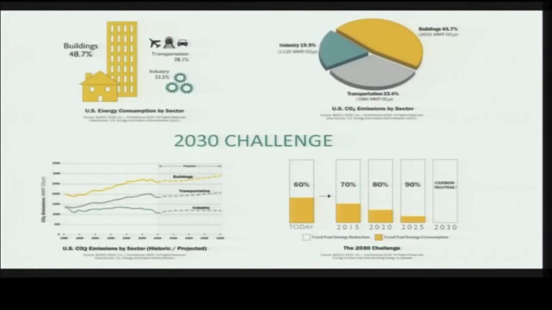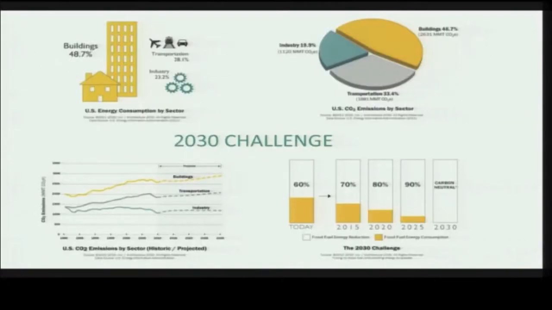And also, who's heard of the 2030 Challenge? Okay, so a few of you. What they're trying to do is really raise awareness of the impact that the built environment has on our environment in general. Buildings constitute about 50% of our US energy consumption, and as a result also impact 50% of our CO2 emissions.